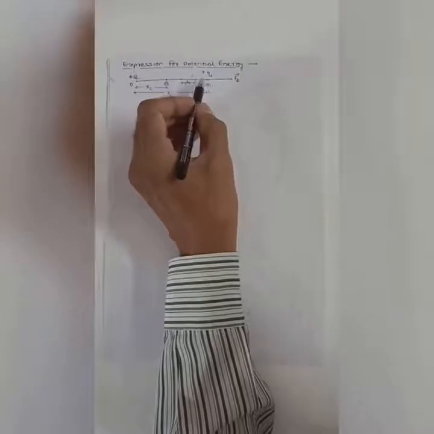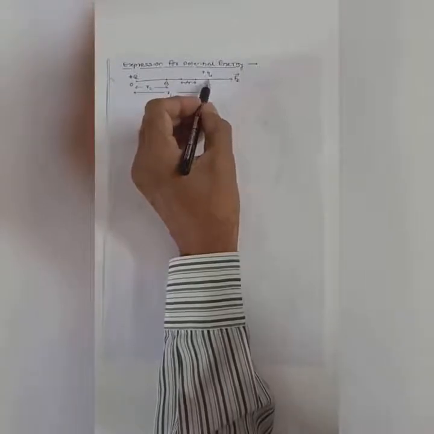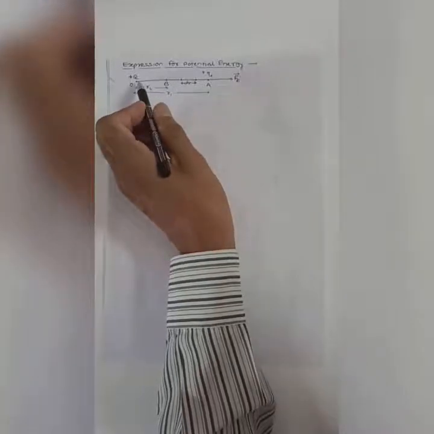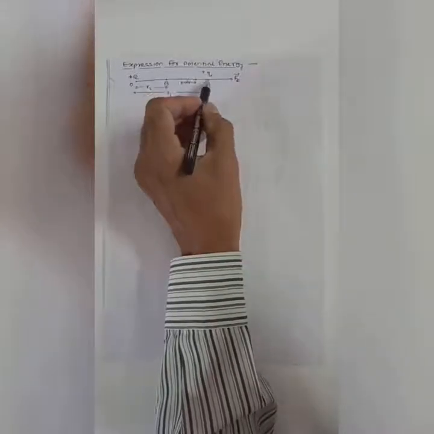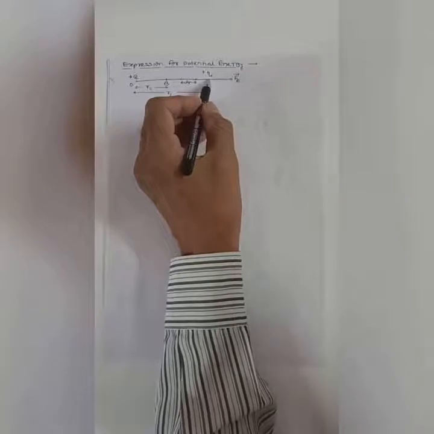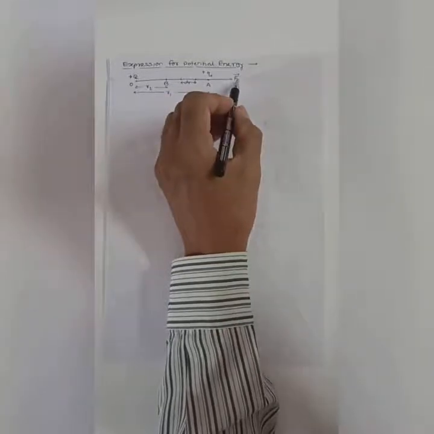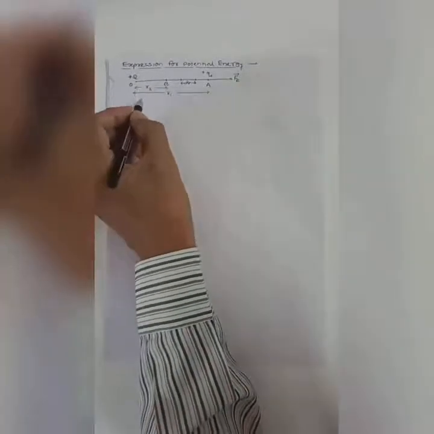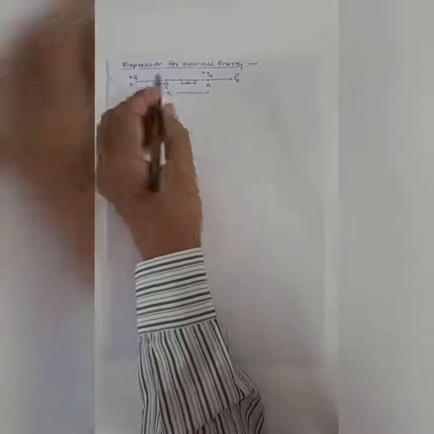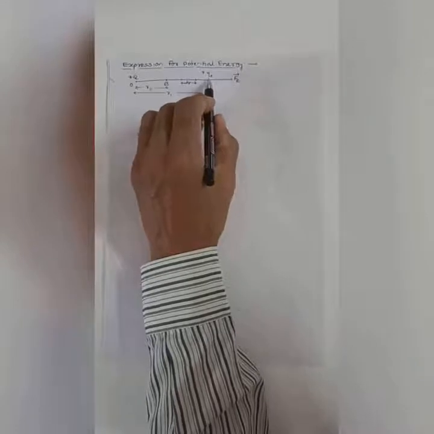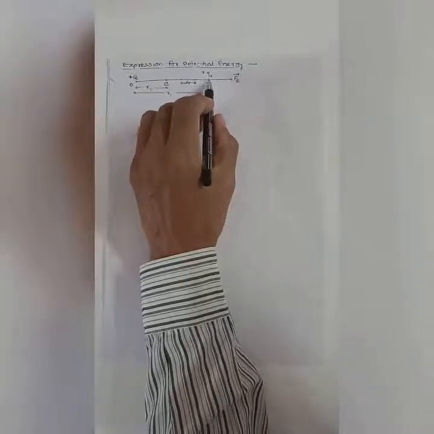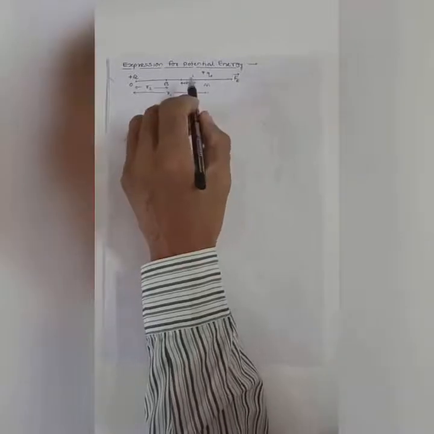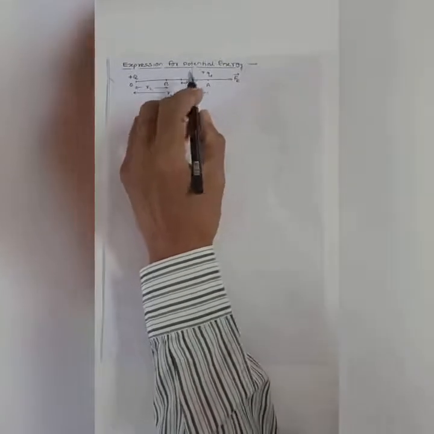Now, if you want to move this charge towards the point O, work must be done against the electrostatic force of repulsion, and this work done is equal to the scalar product of electrostatic force and the displacement.